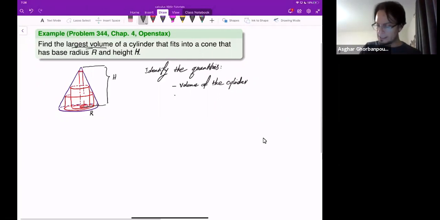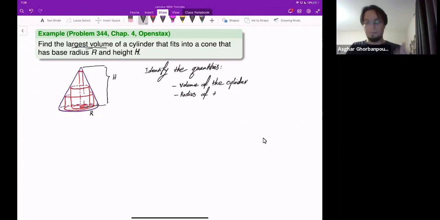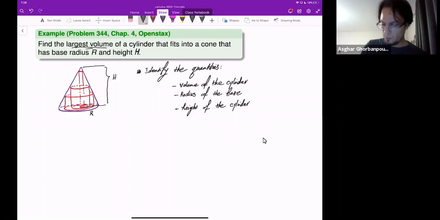So there are two things that will play a role there. One is the radius of the base, the radius of the circle based on which we make the cylinder, and then the height of the cylinder.